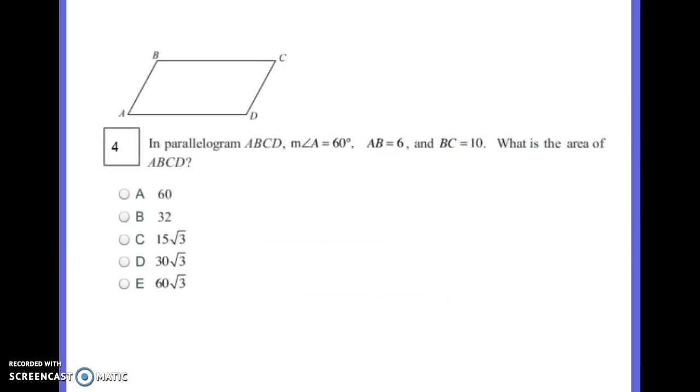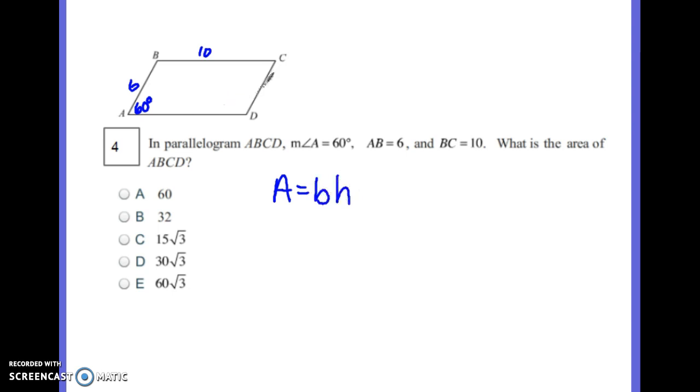In the next problem, parallelogram ABCD has measure of angle A 60 degrees. AB is 6. BC is 10. And you're to find the area of the parallelogram. So to find the area of a parallelogram, we'll multiply the base times the height.